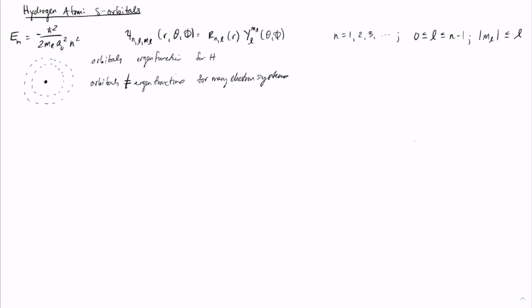If you have an n electron system, these are functions of n electrons, whereas these orbitals are one electron functions. So while it's perfectly okay to use orbitals and eigenfunctions interchangeably when we're talking about the hydrogen atom or any one electron system, please do not make this mistake when you're talking about many electron systems.